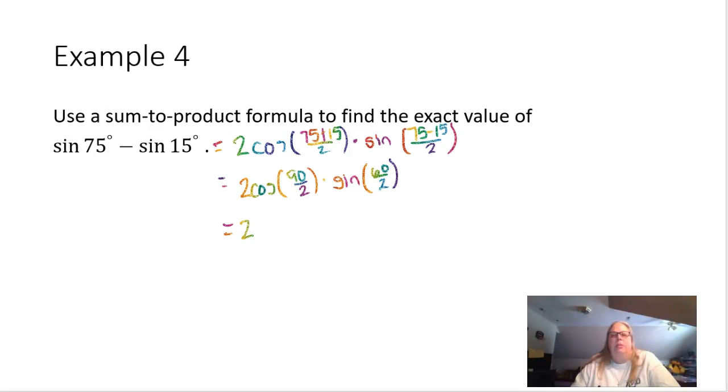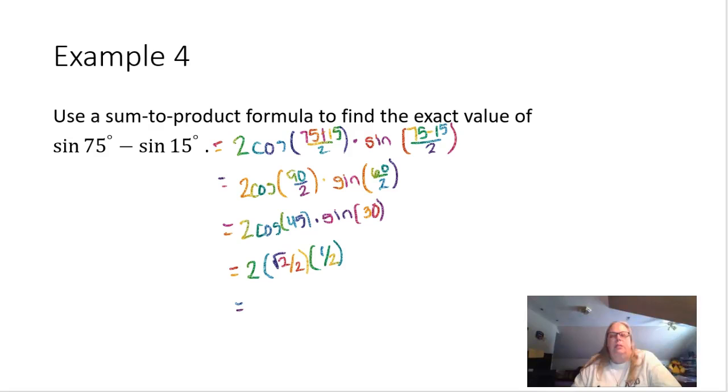We can actually reduce these angles now, so we have 2 times the cosine of 45 times the sine of 30, and now using my unit circle I can simplify this further into 2 times the cosine of 45 degrees, that's square root of 2 over 2, and then the sine of 30 degrees, that is 1/2.